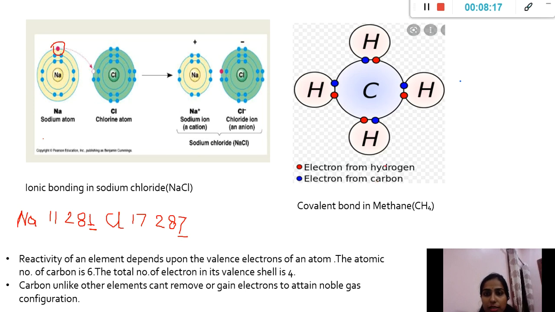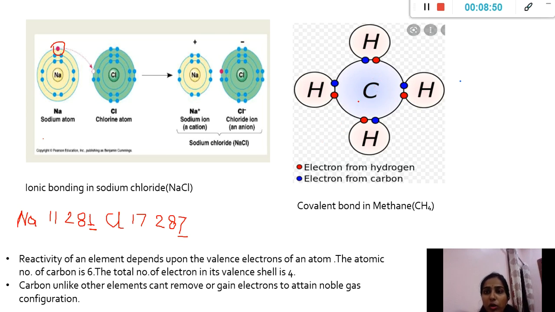And here we can see methane. As you all know, carbon has 4 valence electrons in its outermost shell. Here the electrons of carbon are represented by blue dots, and the red dots are the valence electrons of the hydrogen atoms.